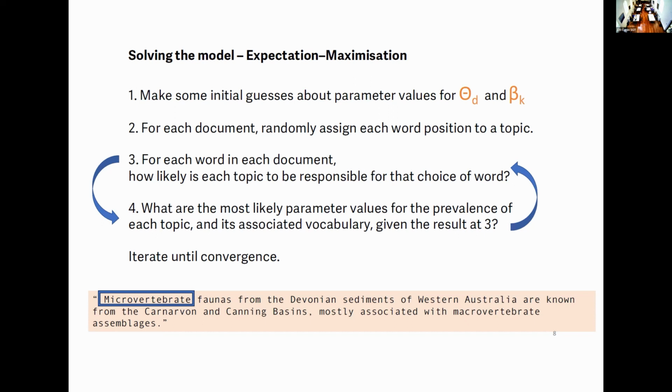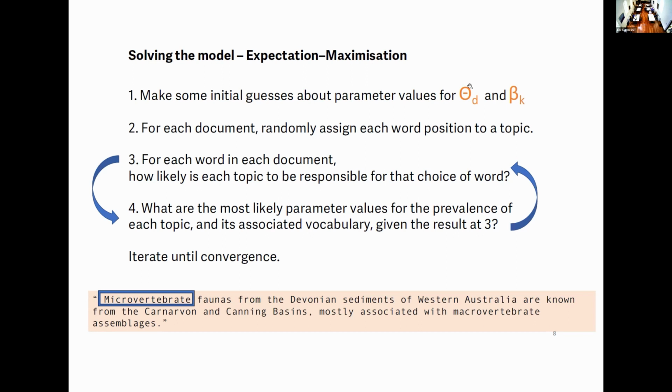We're asking, when the author was composing that document and thinking, what word shall I put in this first spot? When they chose that word, what is the subject they were trying to conjure, trying to evoke in the minds of the reader? Given the assumptions that we've made about what words go in which topics and which documents are associated with those topics.